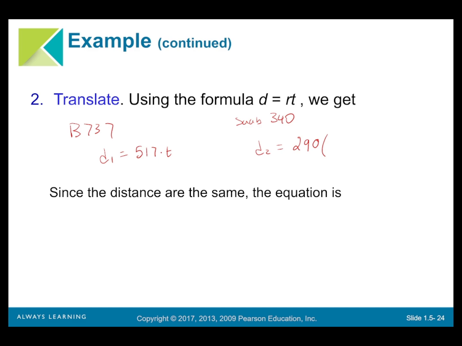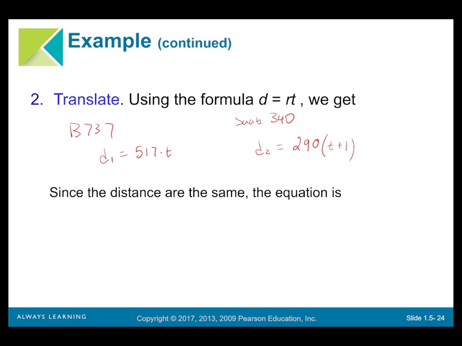Now, I don't have just time, right? Because this T is the time since the Boeing 737 took off. But this guy has been traveling for an hour longer than that. So this guy is actually at time plus 1 for 1 hour. Okay, so those are our two formulas that we're thinking about.